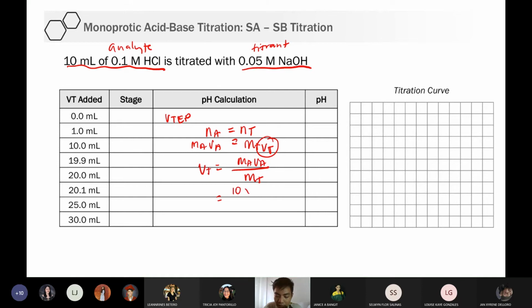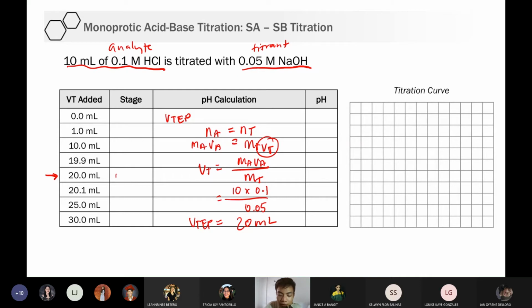So we have 10 times 0.1 divided by 0.05. Wag nyo i-mental. So ano si VTEP? Equal siya sa 20 ml. So we just found out that the volume of titrant at equivalence point is 20 ml.